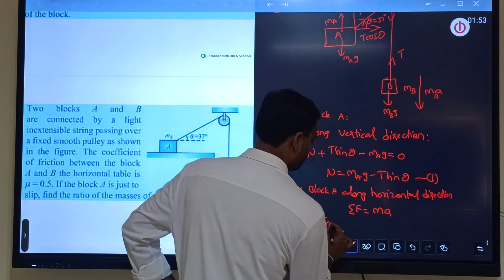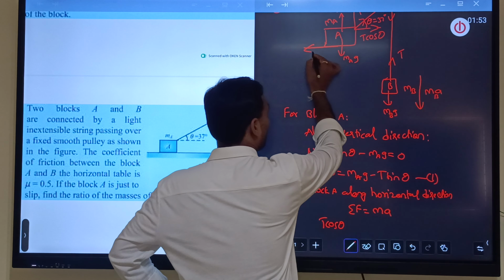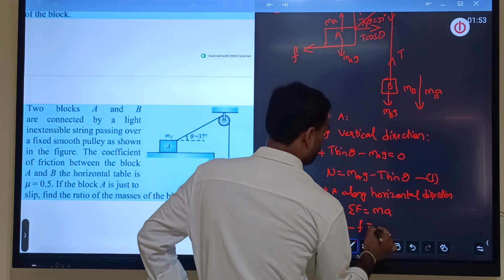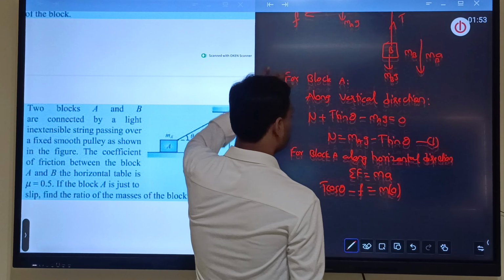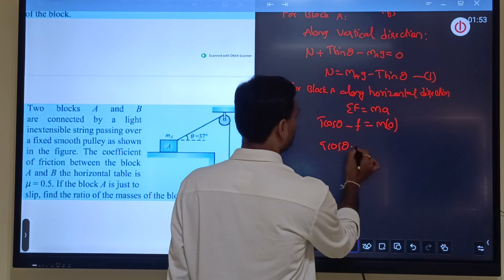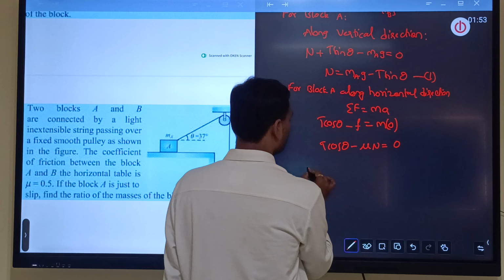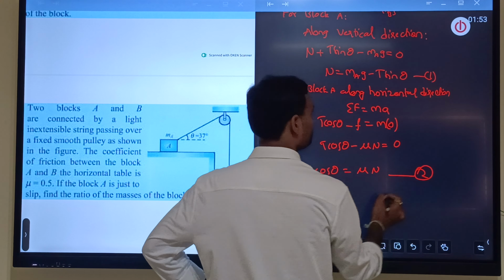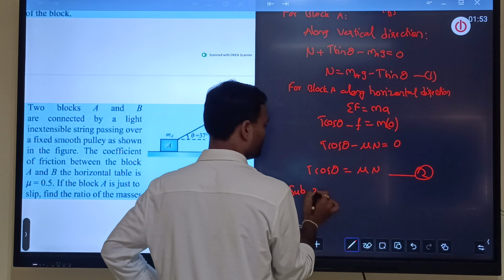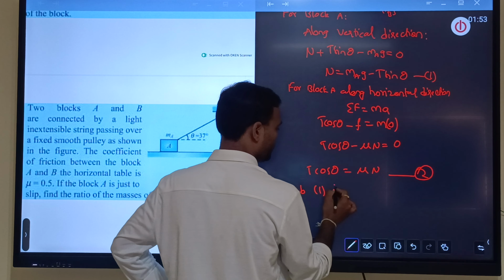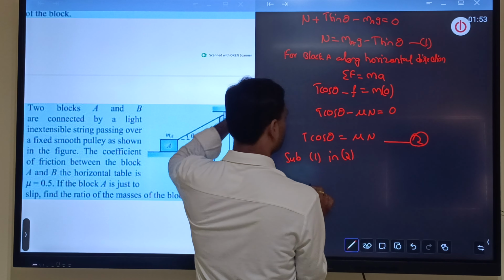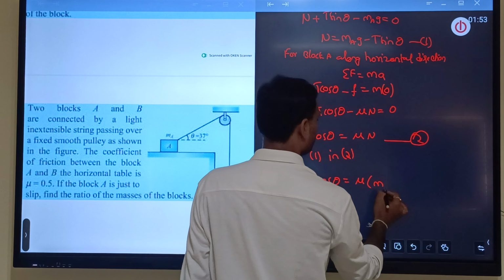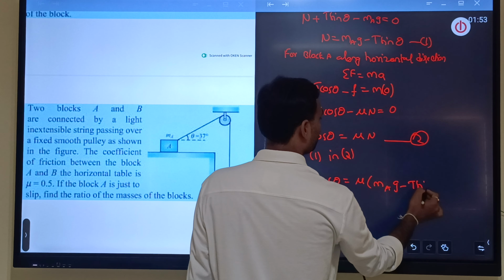T cos theta is in the forward direction, and friction will act in the leftward direction. T cos theta minus f is equal to m into 0. Now T cos theta minus mu N is equal to 0, so T cos theta is equal to mu into N. That N value we can substitute from the first equation. Substituting 1 in 2, T cos theta is equal to mu times mag minus T sin theta.